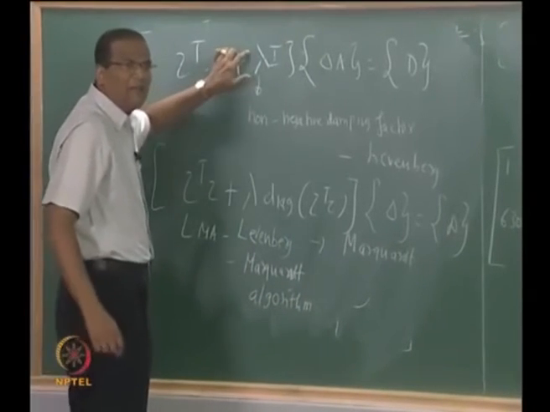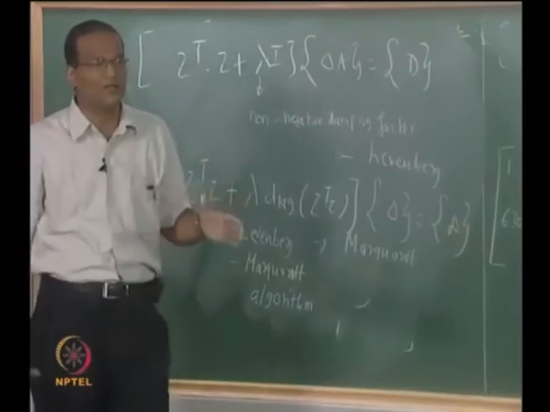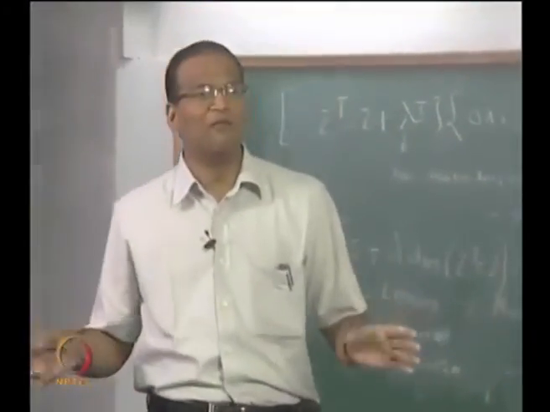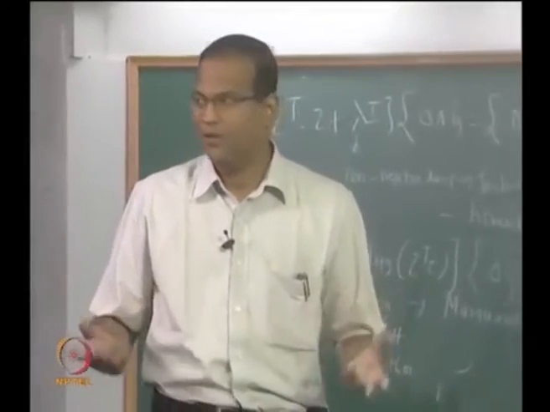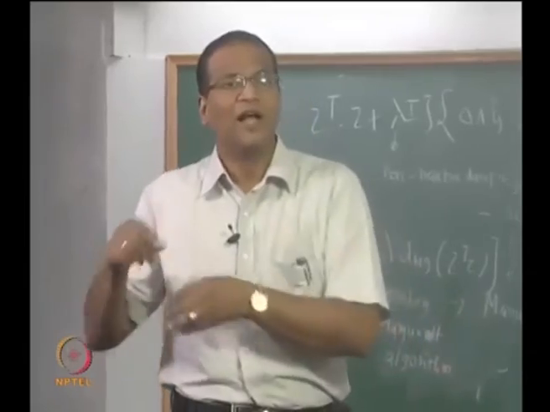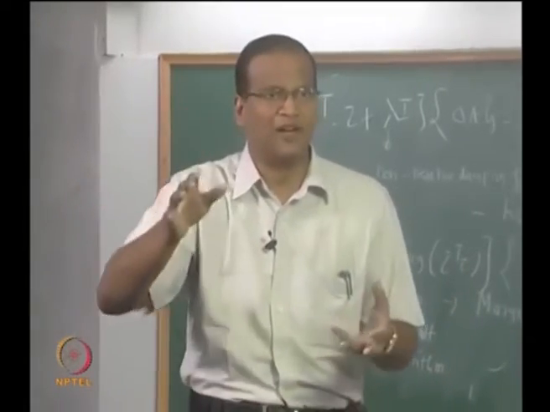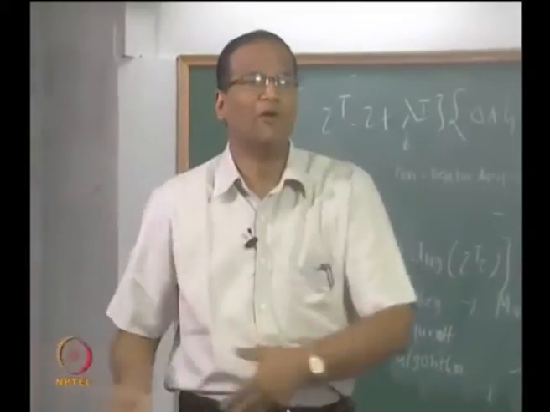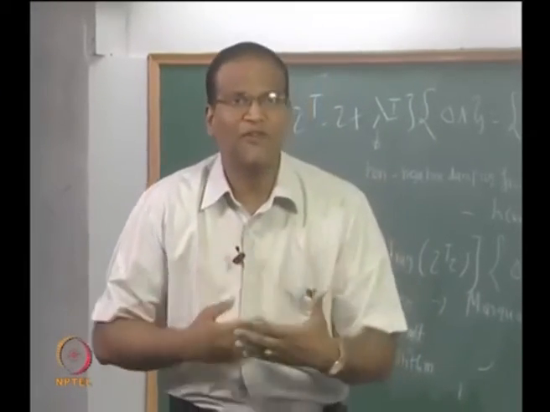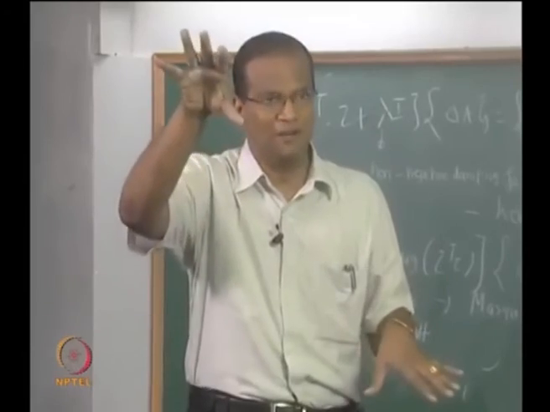Lambda is a non-negative damping factor. What is the value of lambda to be chosen? That comes only from experience. Does it mean hand waving? I am not explaining properly. No. What you have to do is start with one value of lambda and find out the results. Take lambda by alpha or some other factor. Take a lambda 1 and lambda 2 and see how it progresses. If the convergence is very fast, then you can cool down lambda and it can be reduced.